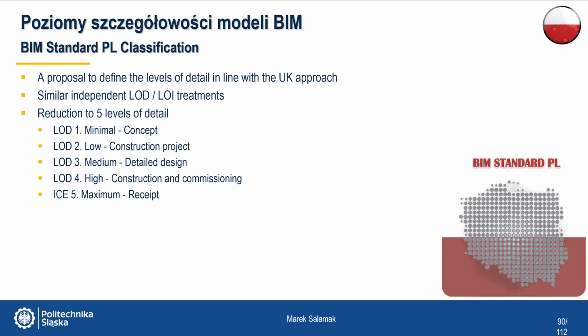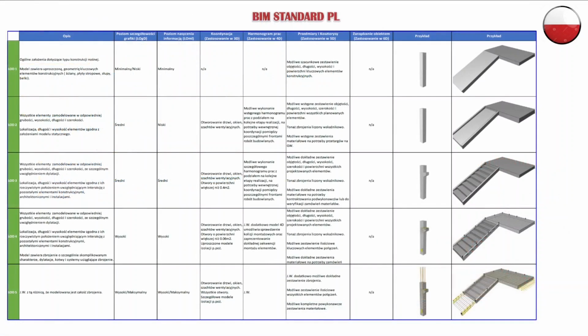That is the concept, construction design, detail design, construction commissioning, as well as final acceptance. This is how the table of levels looks like in BIM Standard PL, showing examples of modeling columns and stairs.